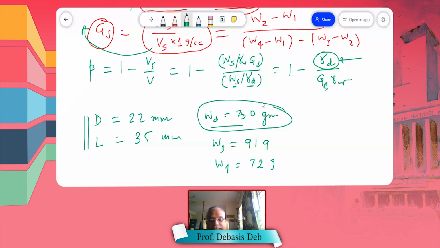So you can directly use this formula to find the GS, and once you find the GS, you know the porosity. In this case, the porosity has come to about 17%. So 17% of the volume of that soil is porous. Of the total volume, 17% is pore volume, or the volume of void.